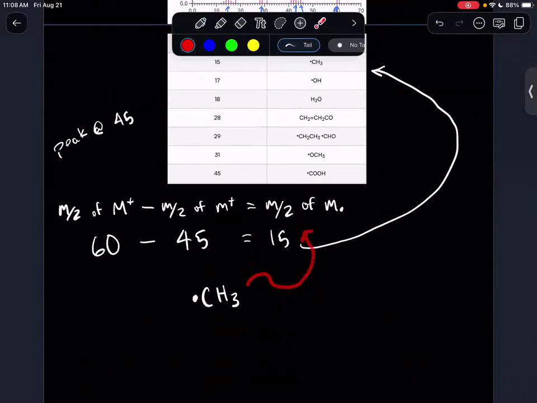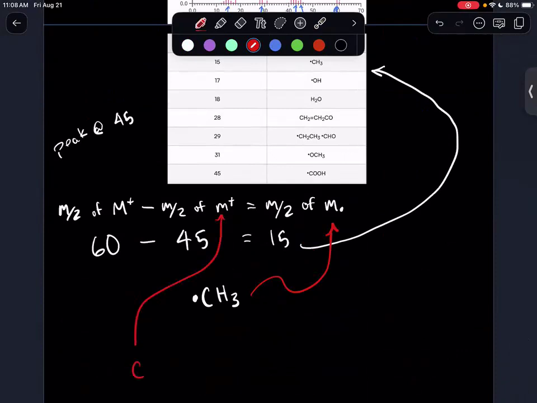So CH3 is that, and I'll use my colors. Therefore, our positive fragment is probably COOH positive. And together those make our ethanoic acid. So it's kind of like figuring out a puzzle from only getting half the pieces and determining the other half.